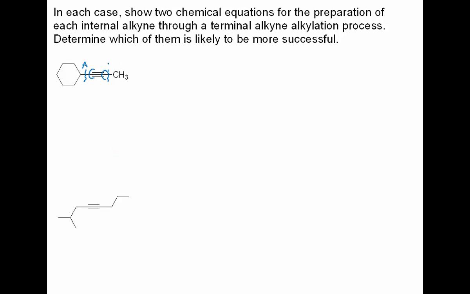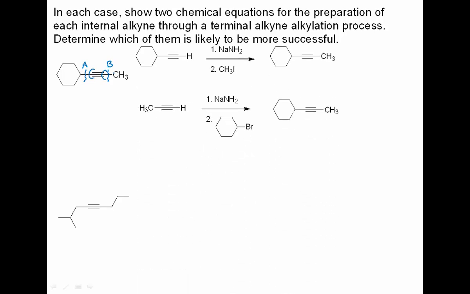I can make bond A or bond B. If I make bond B, I'm going to have to start out with a cyclohexyl acetylide, deprotonate it, and treat it with methyl iodide.